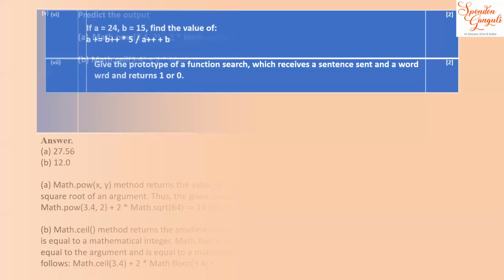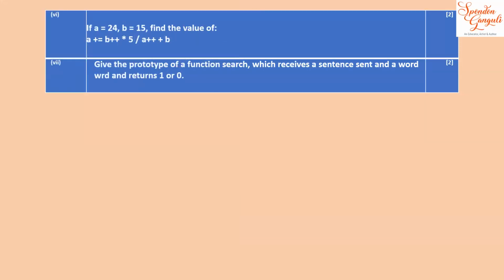Moving on to the next. If x equals 24, y equals, a equals 24, b equals 15, let's find the value of a plus equals b plus plus into 5 slash a plus plus plus b. And the next question is, give the prototype of a function search which receives a sentence sent and a word WRD and returns 1 or 0.